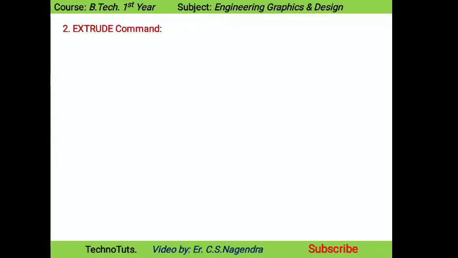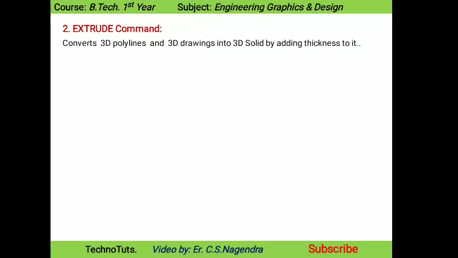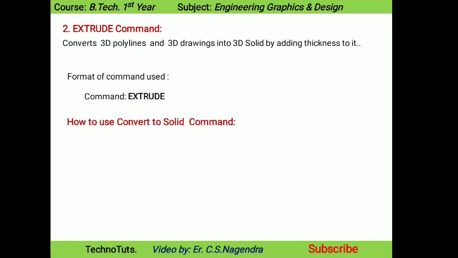Okay students, now second command, extrude command. Extrude command converts the 3D polylines and 3D drawings into 3D solid by adding thickness to it. That means either the drawing may be 2D or 3D, extrude command will convert the drawing into a 3D solid.